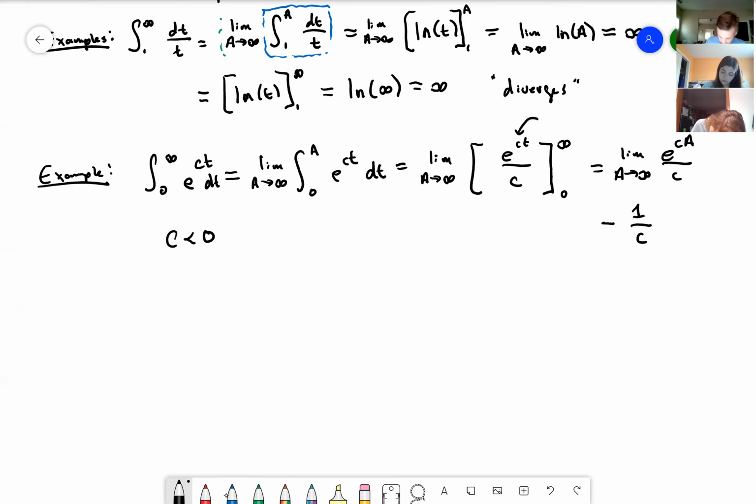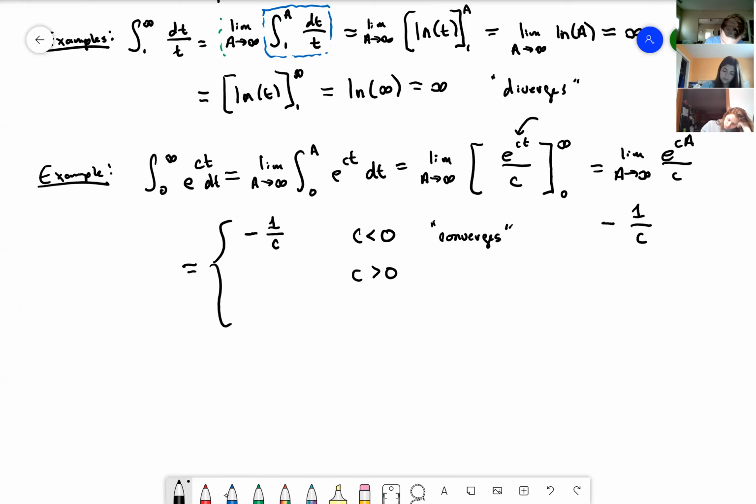Now, as long as c is negative, the first part is 0. And so the whole thing is equal to negative 1 over c. In this case, it converges, and this is the value it converges to.